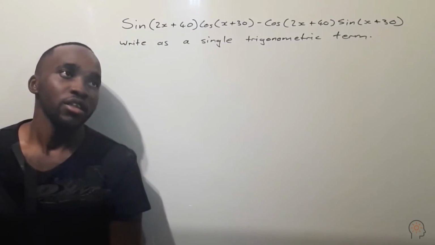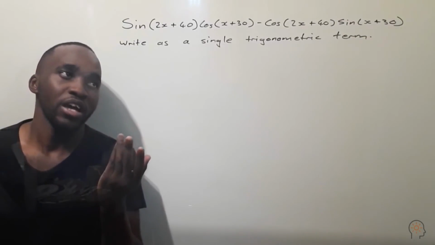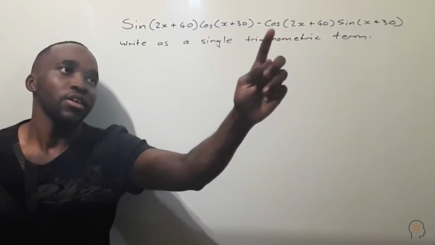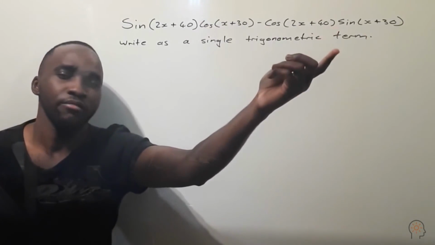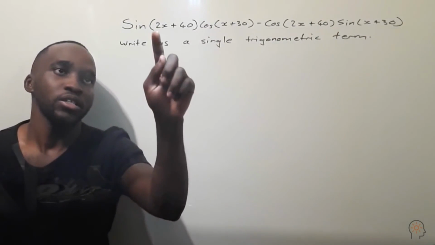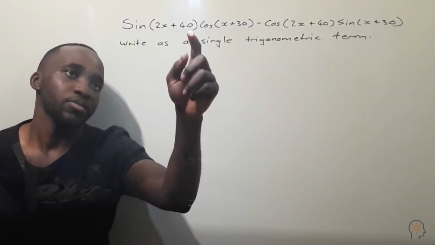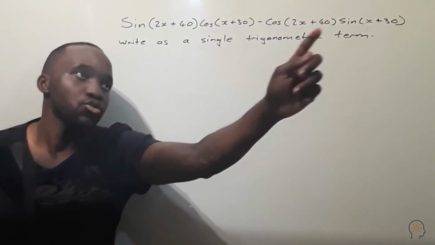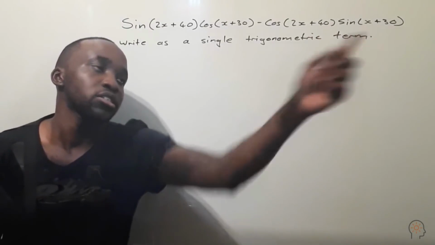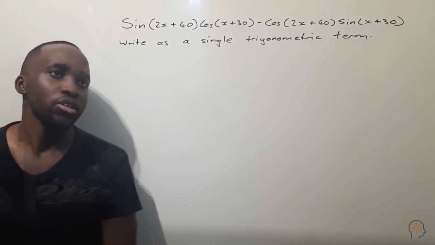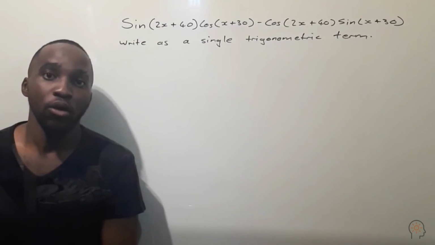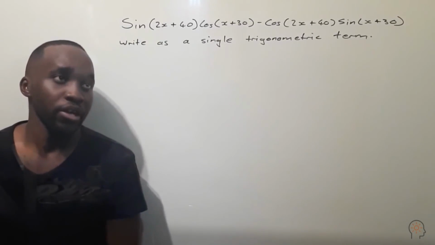The first pattern we could identify is there's a sine here and then a cos, and then here there's a cos and a sine. Furthermore, we can see that here we have 2x plus 40, x plus 30, and then again 2x plus 40, and then x plus 30. So that on its own will definitely remind us of a compound angle expression, right?